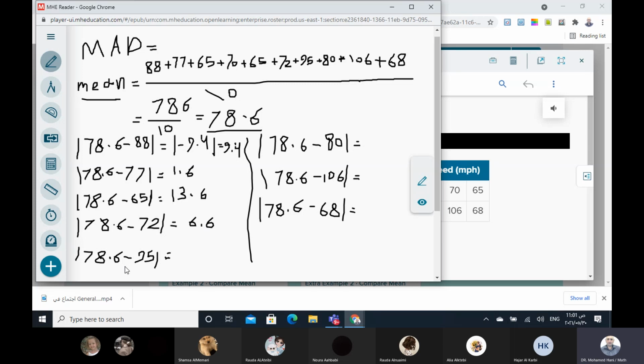And here 78.6 minus 95 will be minus 16.4. Take the absolute value will be 16.4.